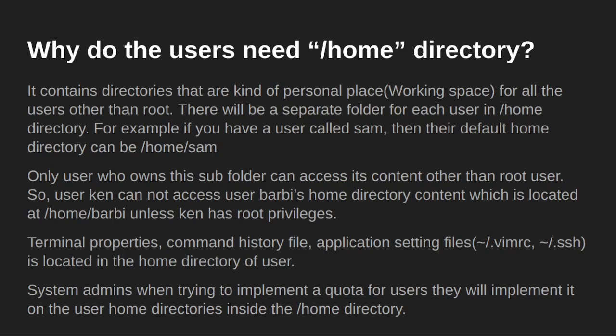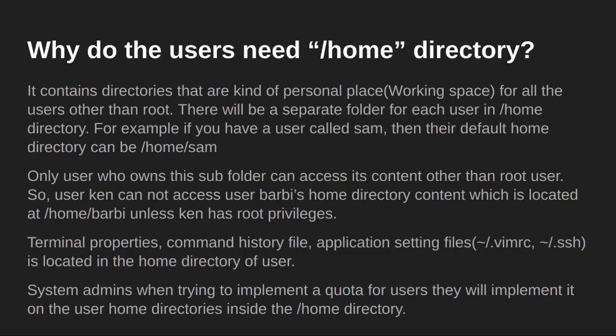Terminal properties, command histories, and application settings such as bashrc, vimrc, and ssh are located in the home directory. Even if you're using a GUI Linux distribution, your desktop will be in the home directory.